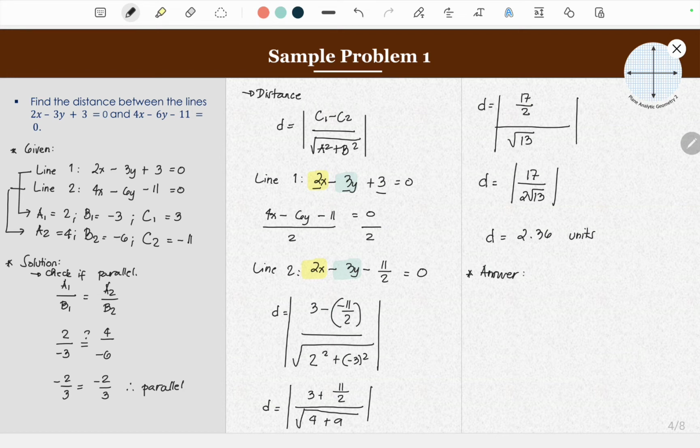So the answer to this problem is D, D is equal to 2.36.